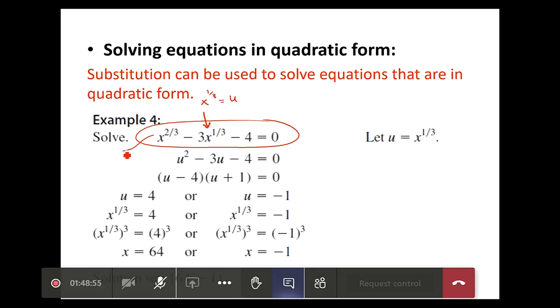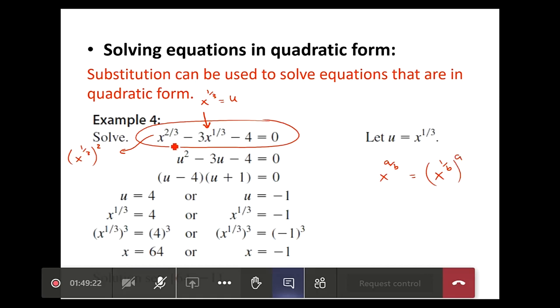Here we have x to the 1 over 3 all to the power 2. We can separate the 2 outside the x to the power 1 over 3. And in general, if we have x to the a over b, we can write it as x to the 1 over b all to the power a, like this.